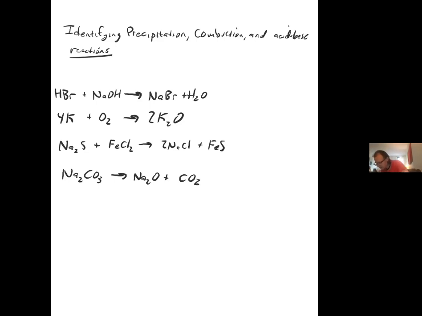So let me write these possibilities here. A is what's called combination. B is what's called single replacement. C is called double replacement.